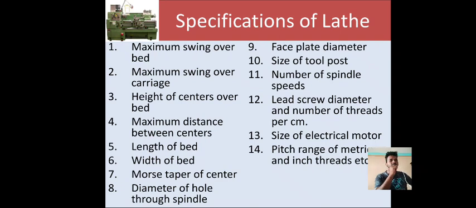Number 8, diameter of the hole through spindle. Number 9, faceplate diameter. Number 10, size of the tool post. Number 11, number of spindle speeds. Number 12, lead screw diameter and the number of threads per centimeter. Number 13, size of electrical motor. Number 14, pitch range of metric and inch threads, etc.